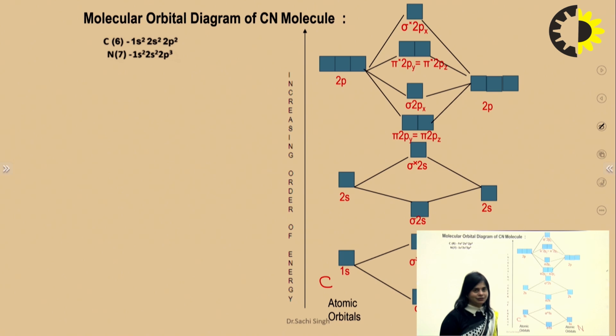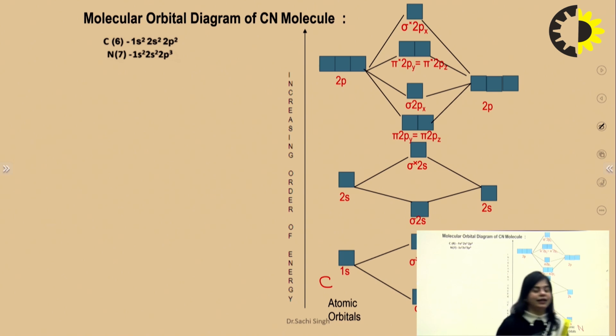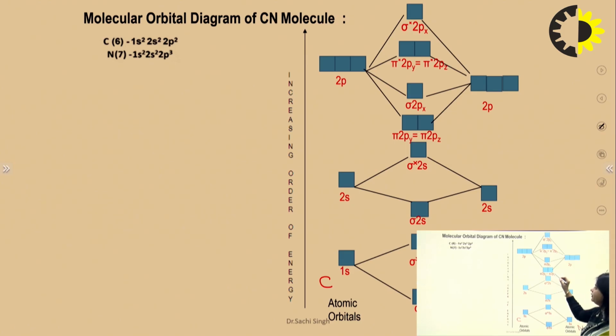So the case, you can remember, follows rule 1, in which firstly pi 2py, pi 2pz and then sigma 2px. So in that case, the electrons are firstly filled in the pi orbitals and then the sigma orbitals. That is case 1.